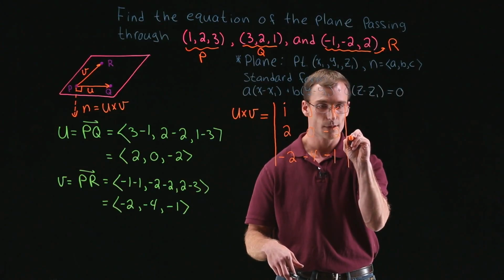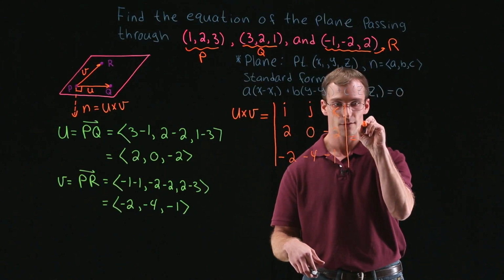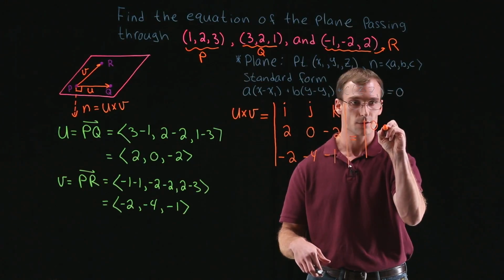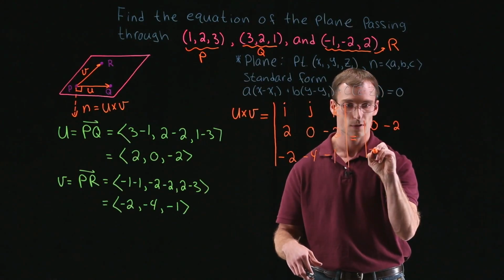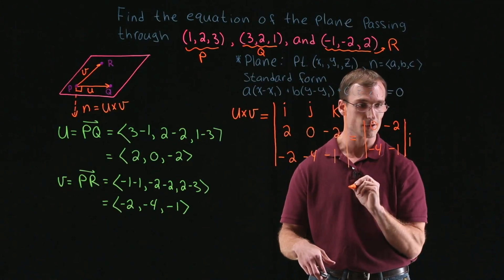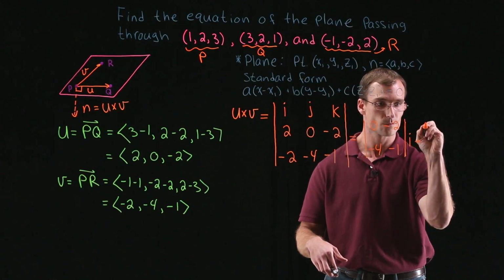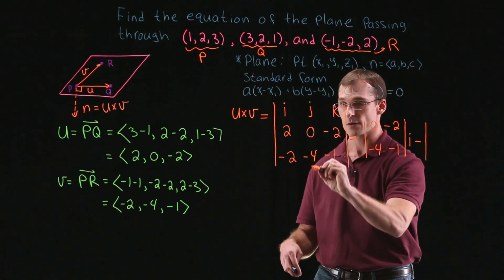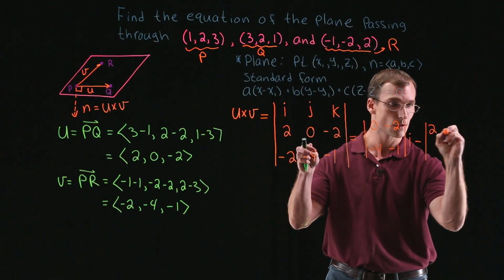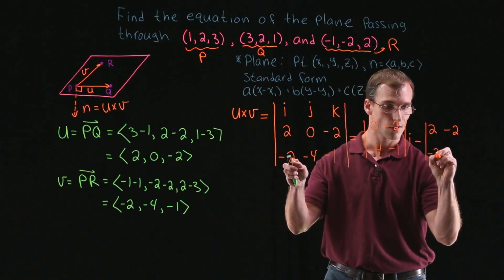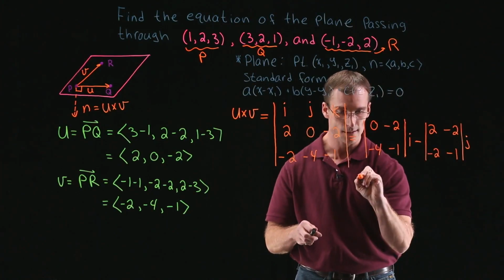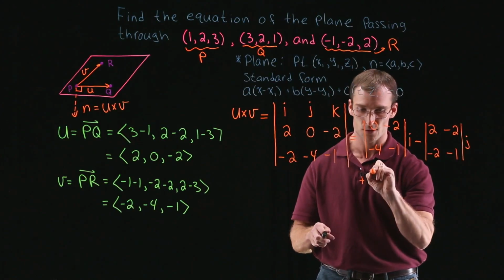Starting positive, as we normally would, that's the determinant of 0, -2 in the first row and -4, -1, times the unit vector i, and then minus the determinant, taking out the column and row of j, with 2, -2 and -2, -1, times j, and then plus the determinant.